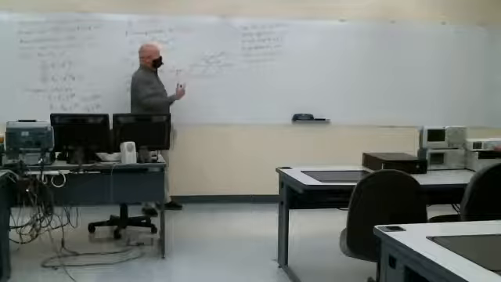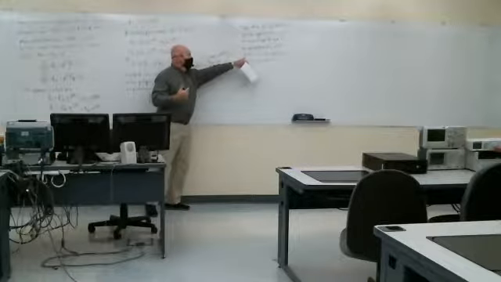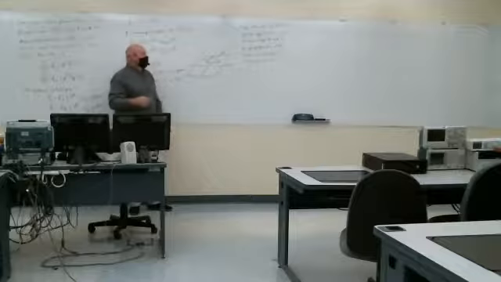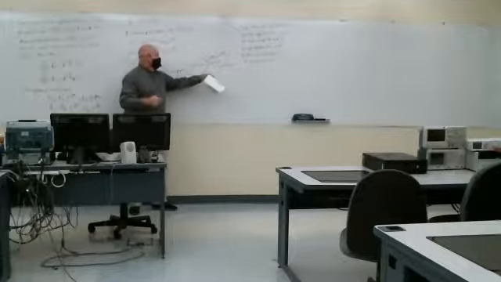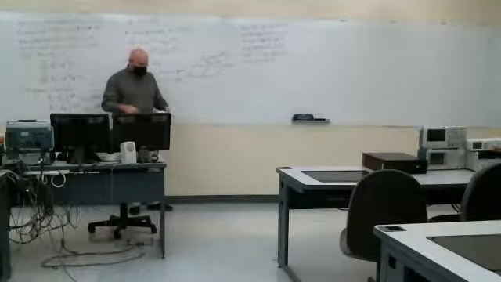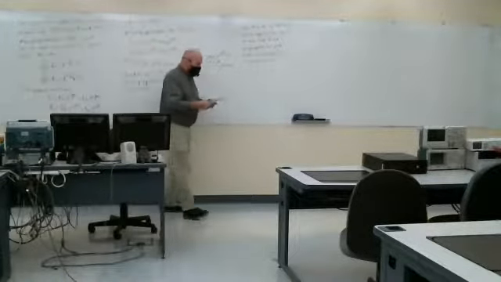But if we know the direction of propagation is in the Z direction, then H has to be in the Y direction. If it were in the negative Y direction, E cross H would give us propagation in the negative Z direction. So your right-hand rule and understanding this cross product is important.